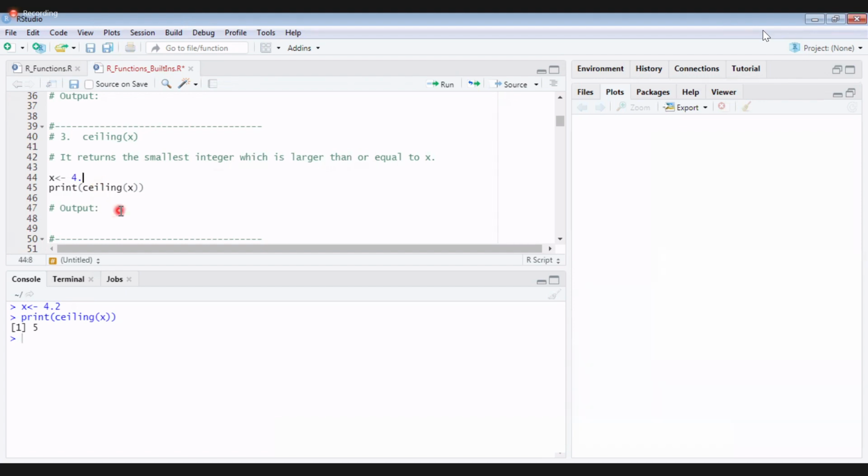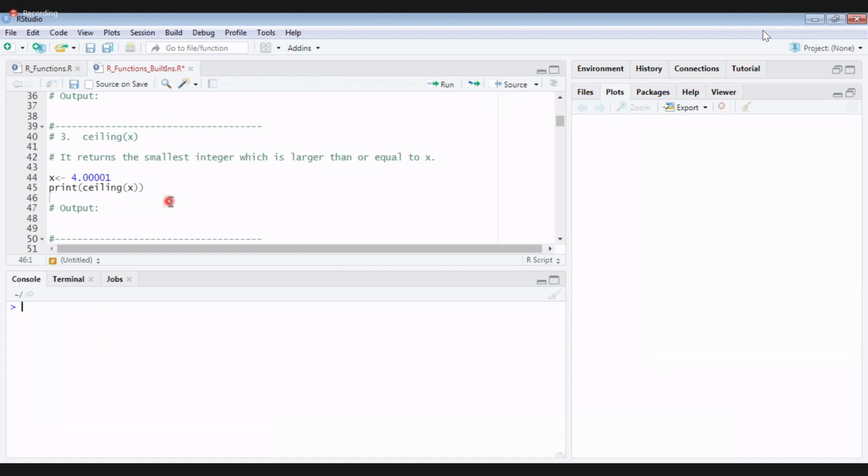Suppose I give 4.0001. The output is 5. If there is even a tiny decimal above the given value, it gives us the next highest value.